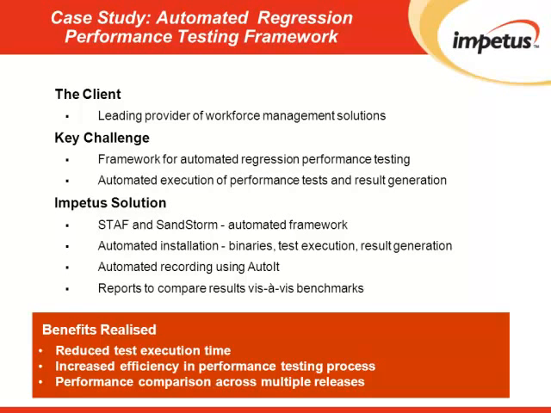To further save on time, the team automated the process of creating the test scripts using a freeware called AutoIt. The on-site and offshore teams use this framework for running the performance regression suite for the target release.